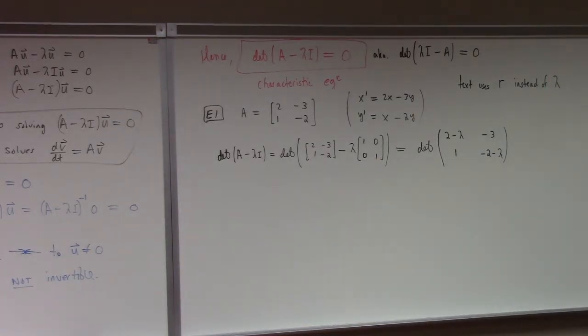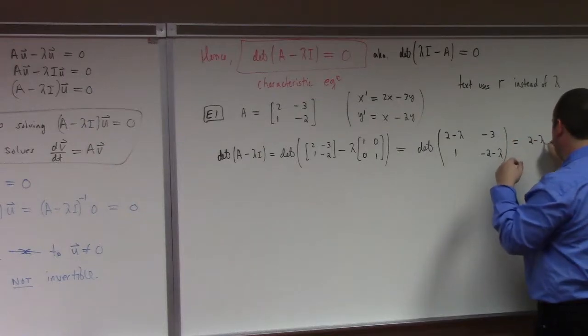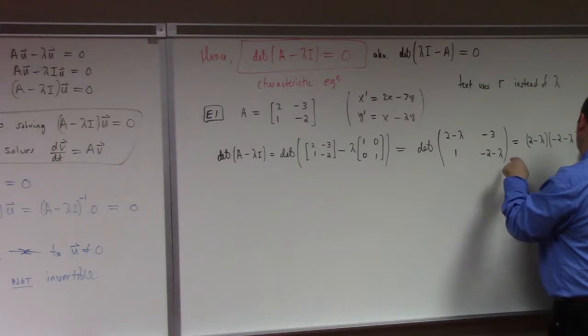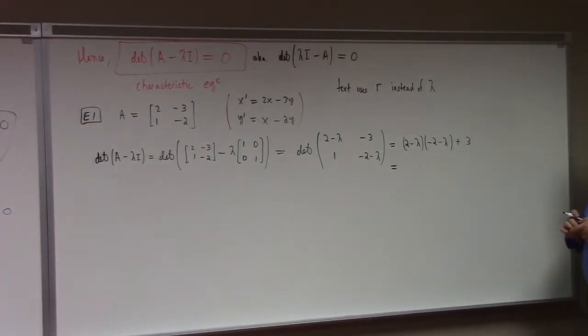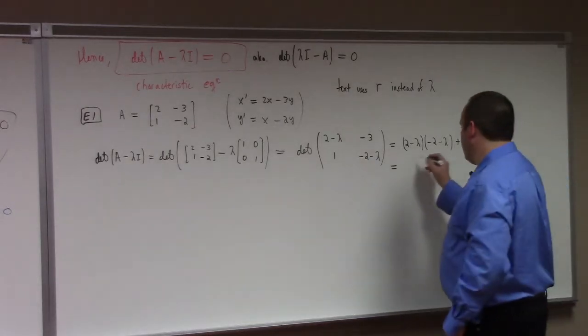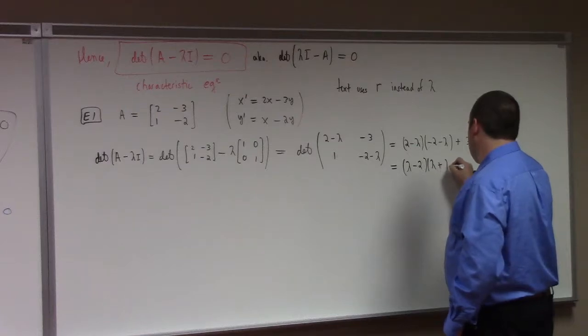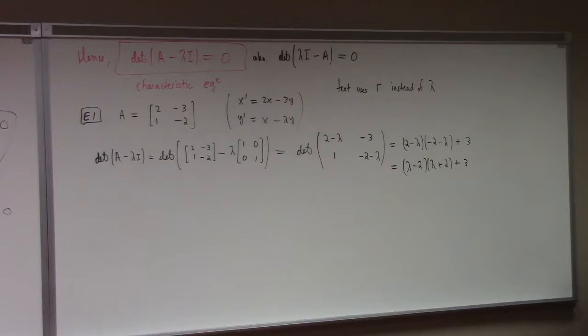It is my custom. All right, so the determinant, well, we already know how to do that. This is 2 minus lambda times minus 2 minus lambda, plus 3. And then we got to multiply, right? I like to do this: that's lambda minus 2 times lambda plus 2. If there's a minus in both, I can just multiply both by minus 1. It doesn't change anything, and I just do better algebraically when I do that.